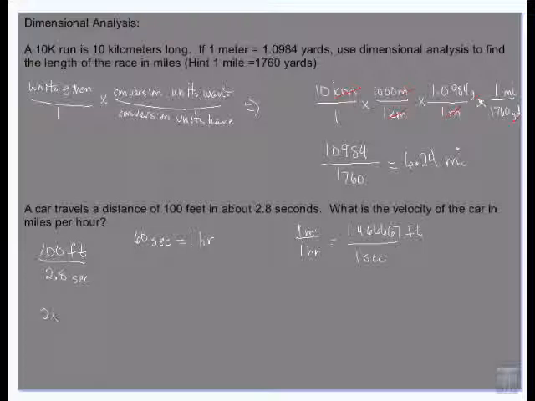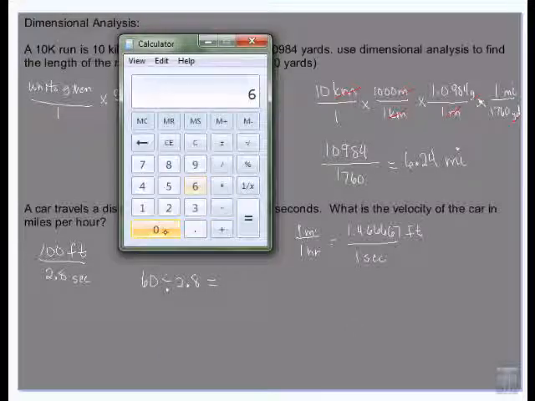Right, so 2.8 seconds. I've got 60 seconds in an hour, right? So I'm going to take that 60 seconds and divide it by 2.8. That's 60 seconds in a minute. That's what I meant.